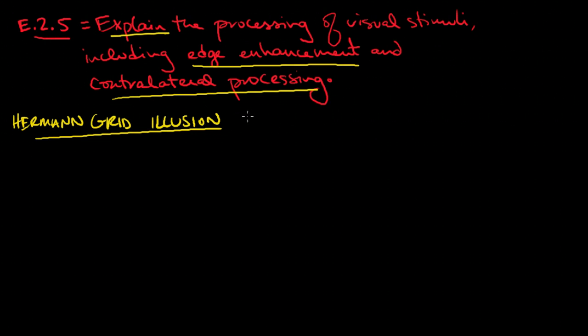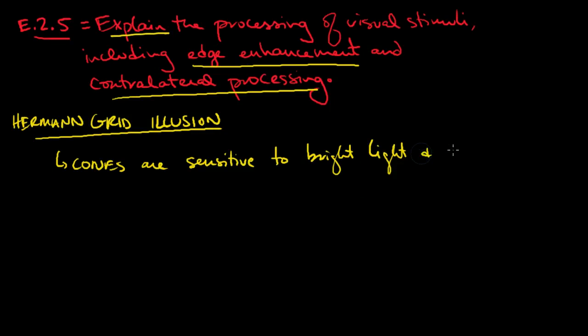And the idea here is that because of what we understand about where your rod and cone cells, photoreceptors, are, and because cones are sensitive to bright light and happen to be concentrated around the fovea, or the center of your retina, wherever you focus, those are where the cones are receiving most of that light.